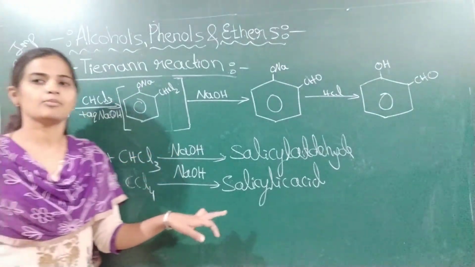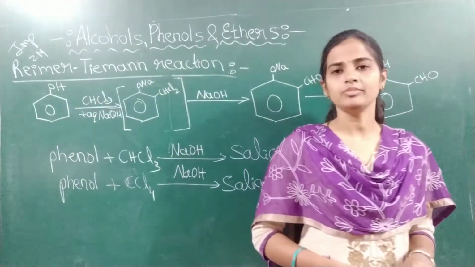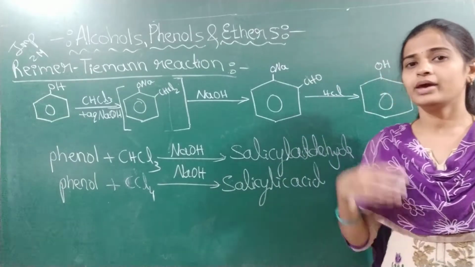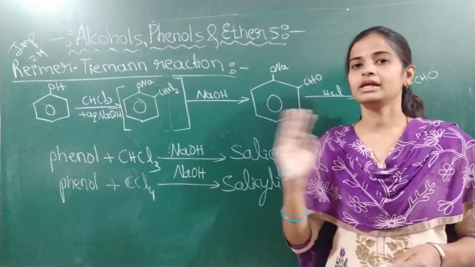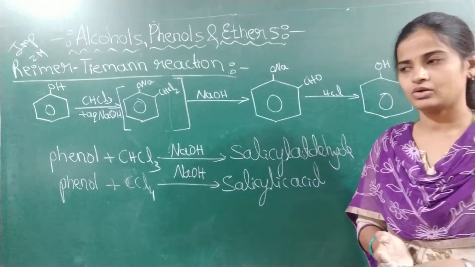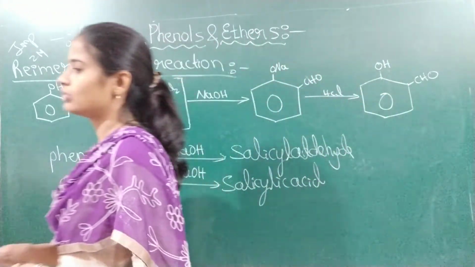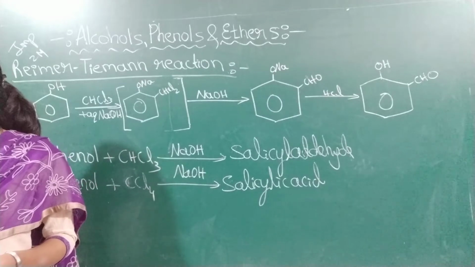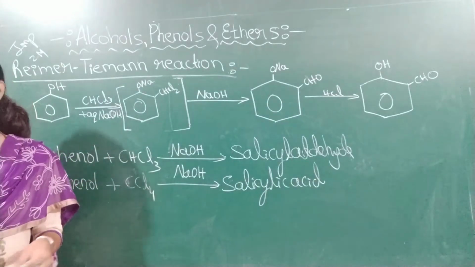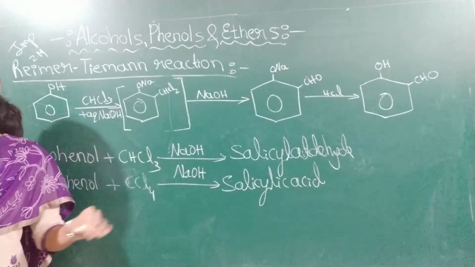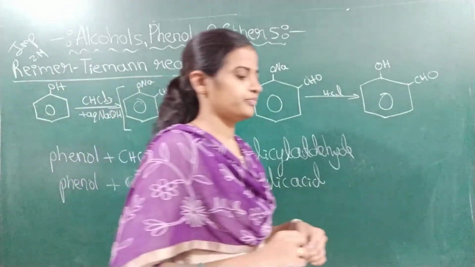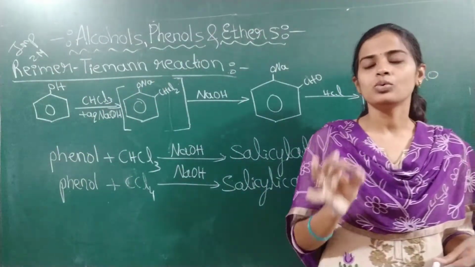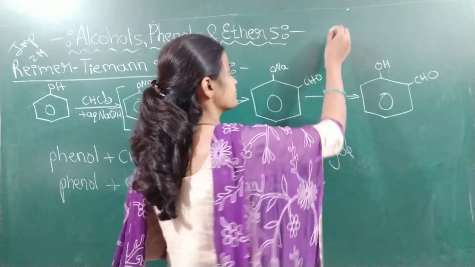These both are examples of Reimer-Tiemann reaction. Whereas in Kolbe's reaction it gives only salicylic acid. But in the Reimer-Tiemann reaction we can get salicylic acid as well as salicylaldehyde. What is the name of salicylic acid? 2-hydroxybenzoic acid.